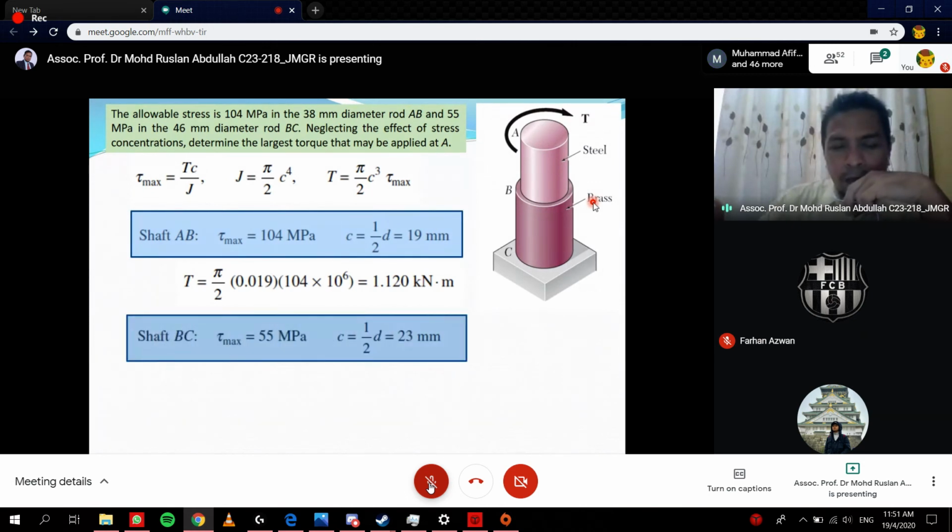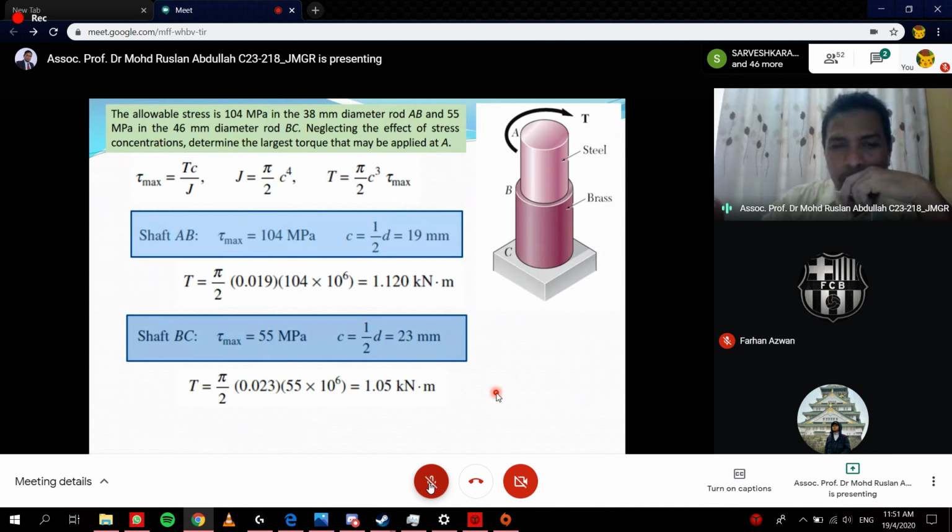Tau maximum equals 55 and the radius is 46 divided by 2, which is 23. Based on the formula, we have the maximum torque for section BC equal to 105 kilonewton.